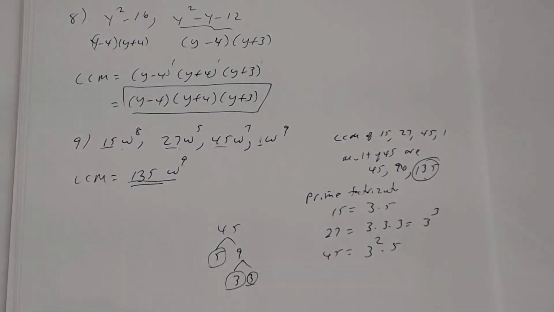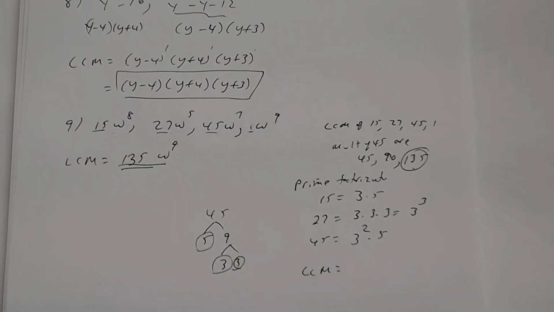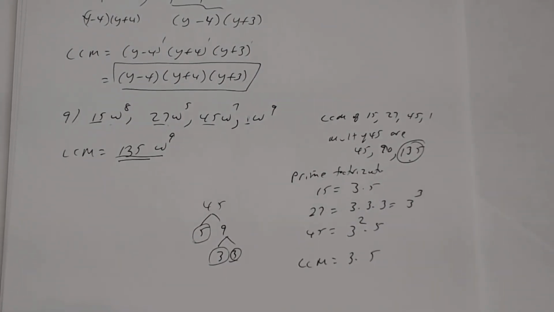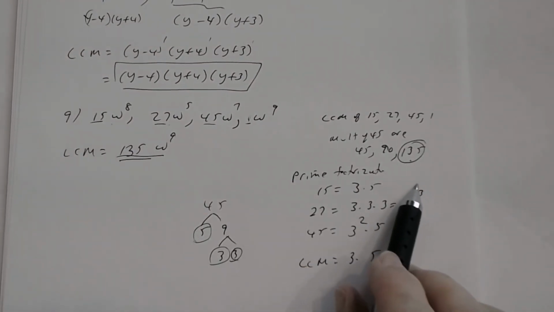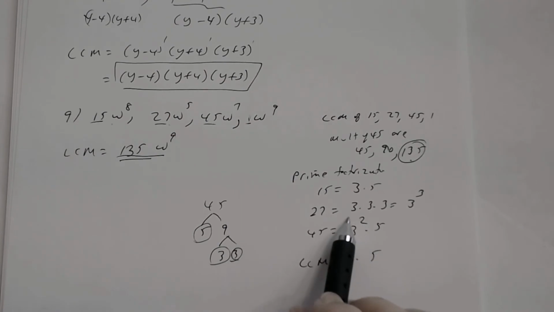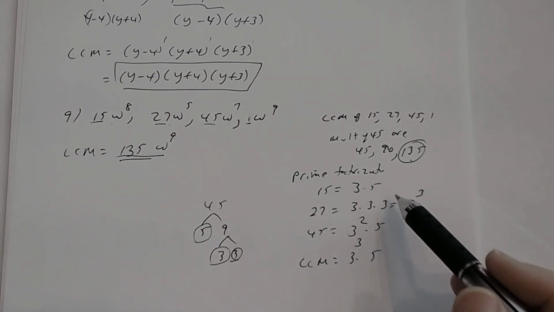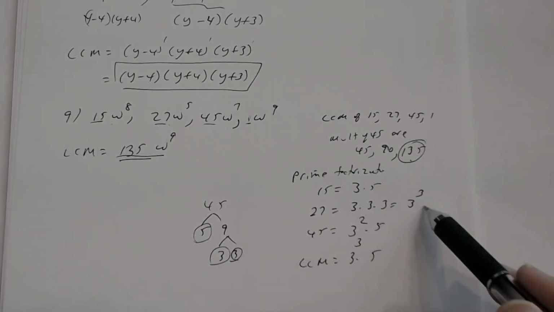Okay? So therefore, the least common multiple must include every factor you see. So I see 3's and 5's. Question is, how many 3's do I need? How many factors of 3 are in here? 1. How many in here? 3. How many in here? 2. How many do you need? 3. How many factors of 5 are in 15? Just 1. How many factors of 5 are in 27? 0.